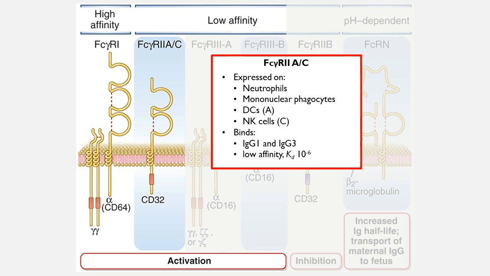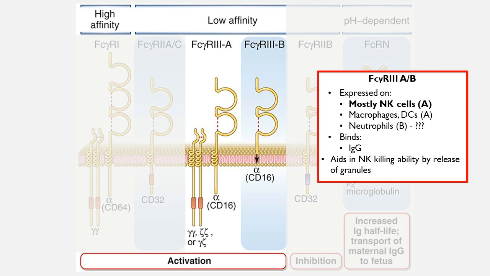They're expressed on neutrophils, any mononuclear phagocytes, so monocytes and macrophages, and dendritic cells, to the A receptor a little bit more so than the C receptor, and vice versa for natural killer cells. Just like Fc gamma R1, they tend to bind to IgG1 and 3, not 2. And they have a lower affinity, about 2 to 3 orders of magnitude less than that of the Fc gamma R1. So that kind of gives you an indication of the relative roles of each of these receptors in phagocytosis.